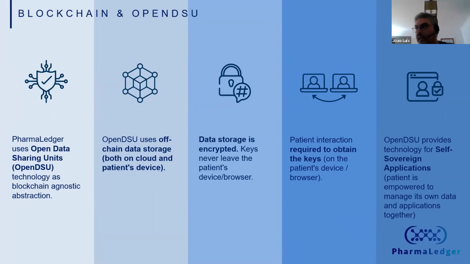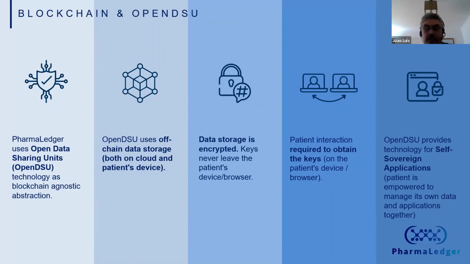That's more or less what data sharing units is about. So people own that data. That data is stored somewhere, but only the owner of that data has the keys to decrypt and modify or read that data. So interaction with the patient, giving my username, password, email, etc., is necessary to generate the key which allows me to decrypt that data.